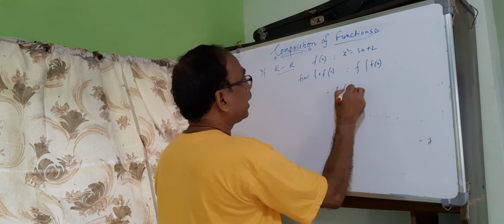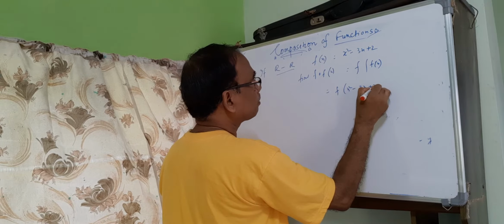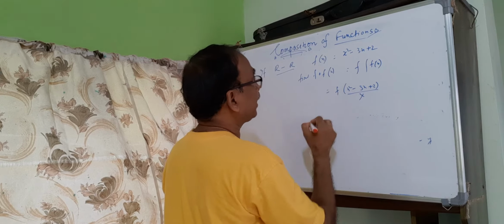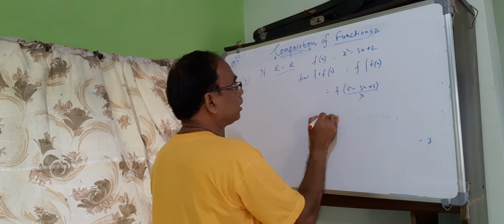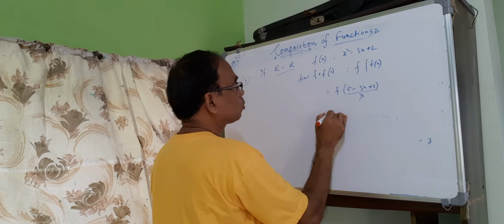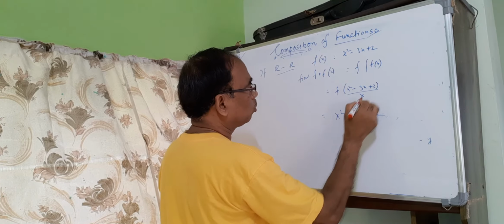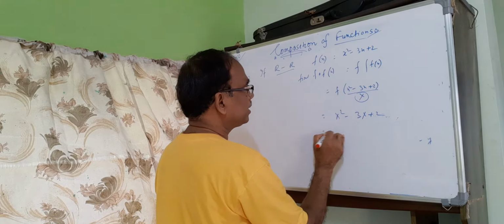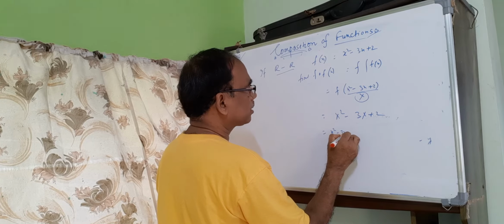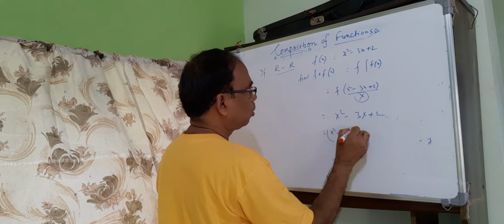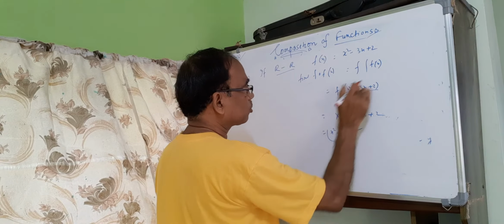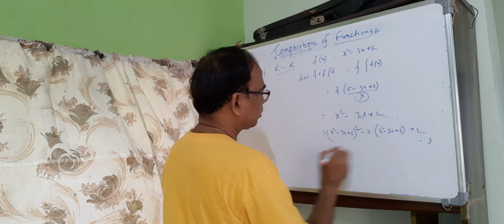f of x square minus 3x plus 2. This will be treated as capital X. Now put it here: f(X) equals X square minus 3X plus 2, that is (x square minus 3x plus 2) whole square minus 3 into (x square minus 3x plus 2) plus 2.